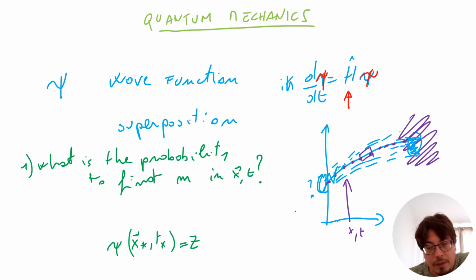What I'm trying to convince you of, at least what the theory says, is that in quantum mechanics, even if you have a perfect understanding, as perfect as you can, of your system, the equation of motion will not give you something that is certain, but it will give you a distribution of probability of being in a place.